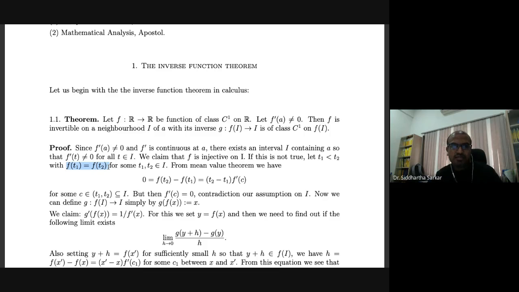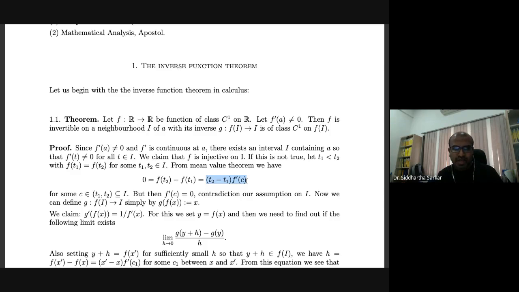From the mean value theorem, I can write f(t2) minus f(t1) as t2 minus t1, the interval length, times some derivative, where the derivative is computed at some point c in between t1 and t2.